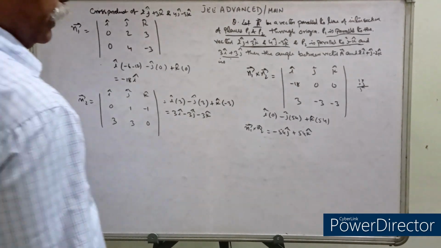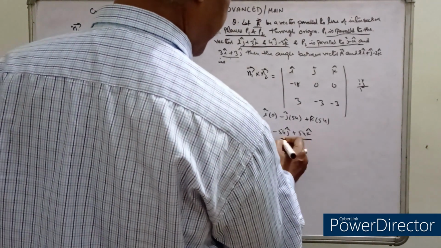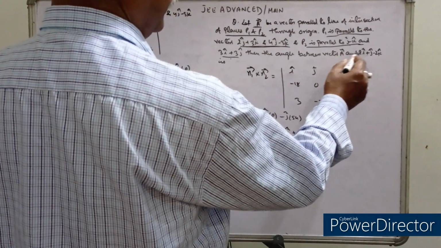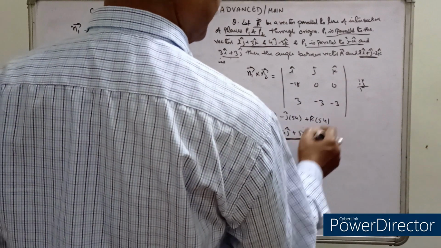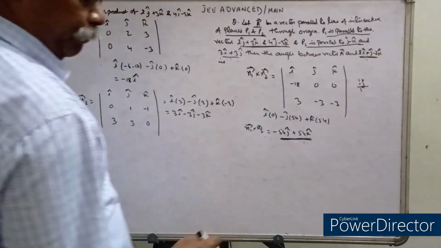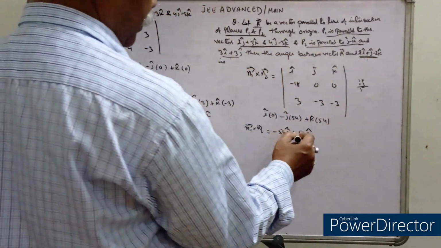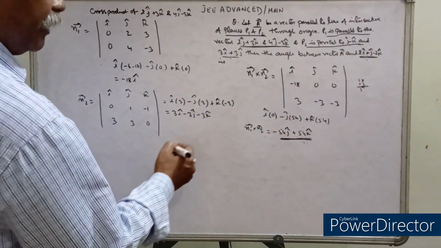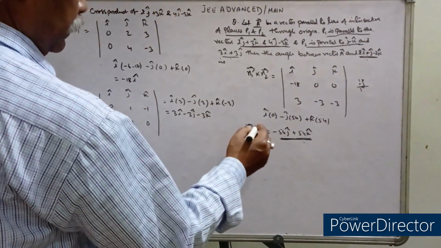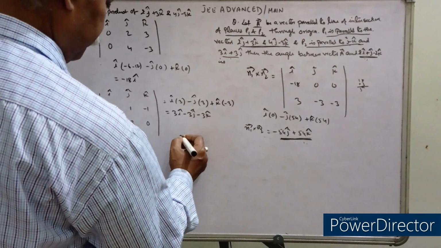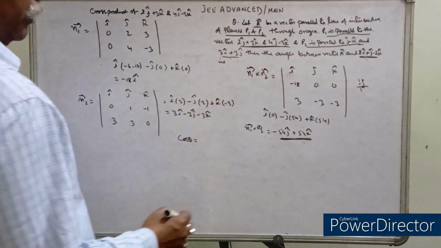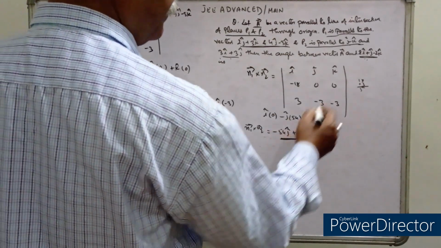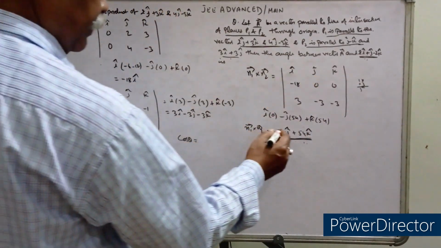So this is parallel to the a vector, and we have to find out the angle of this vector with this vector. So your angle cos theta will be equal to this dot this.